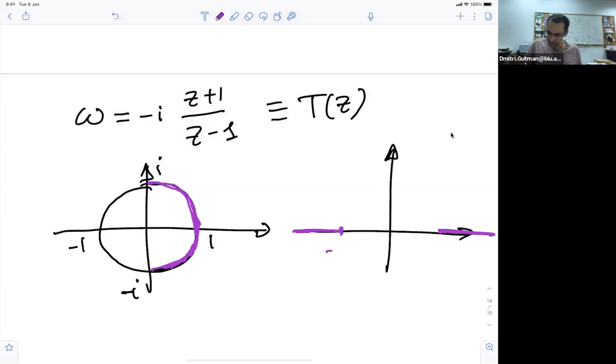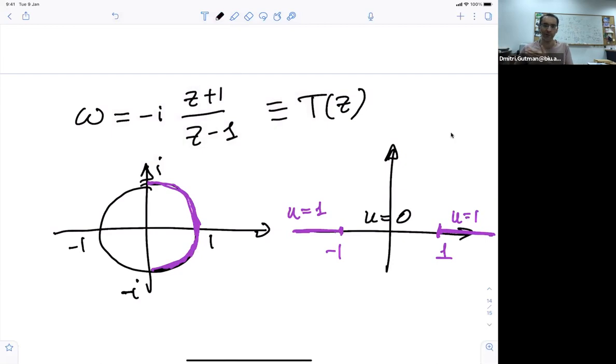So this point minus 1, and there is point 1. So this is where the function has a support u equal 1, and the black part of the unit circle is here. The function has a support 0.